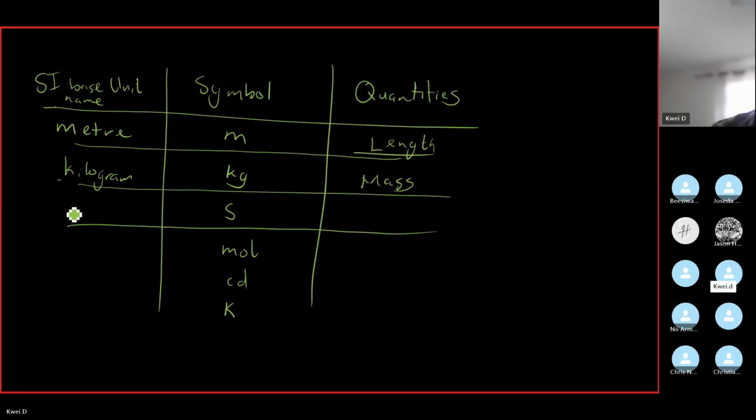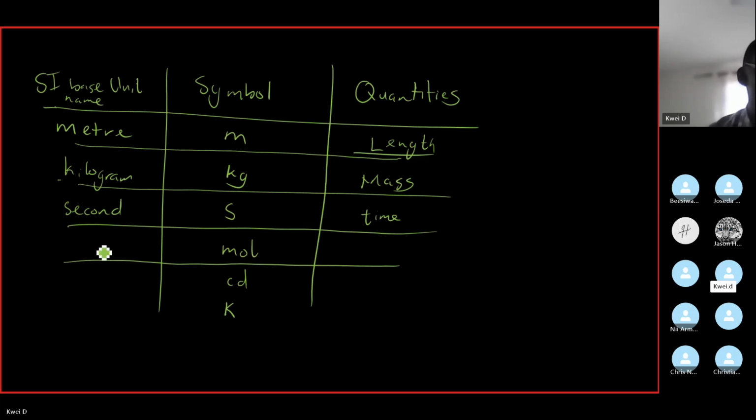All right, what about the S? Second. I can see Niyama, your hand is up. Yes, the quantity name. What does it measure? Time. Very good. What about the mole?